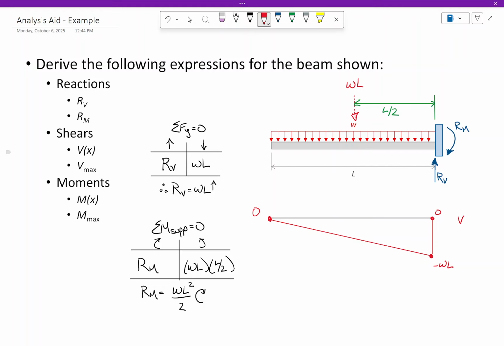How do we construct the moment diagram? We integrate the shear diagram. What is the area of this triangle? 1/2 base times height. And it's negative.